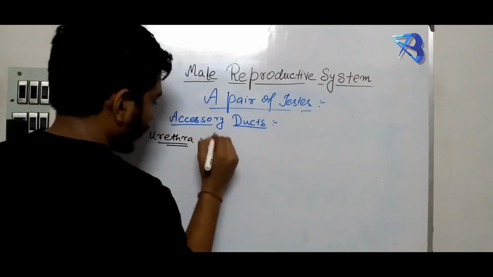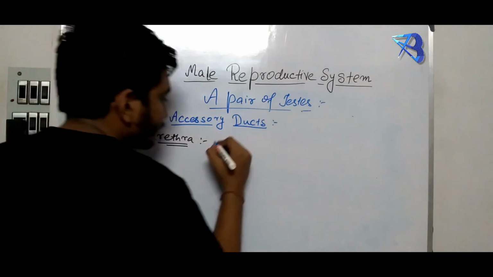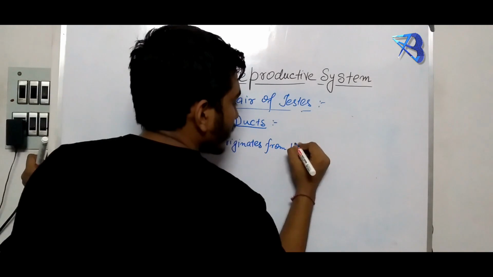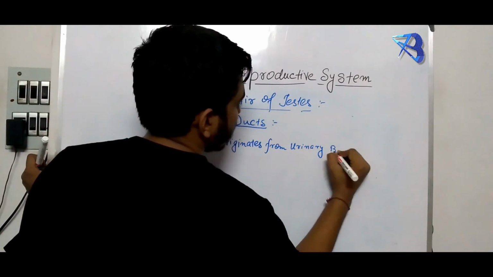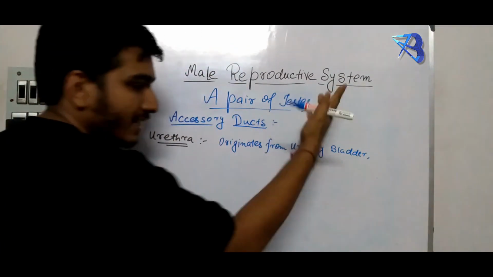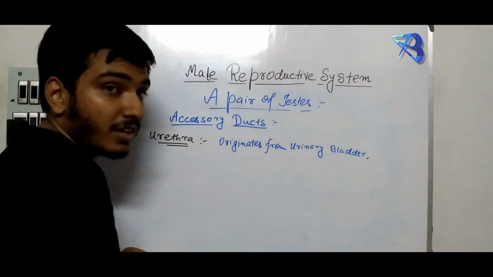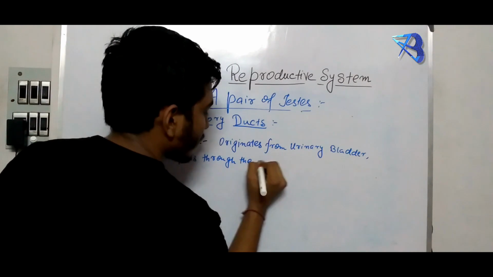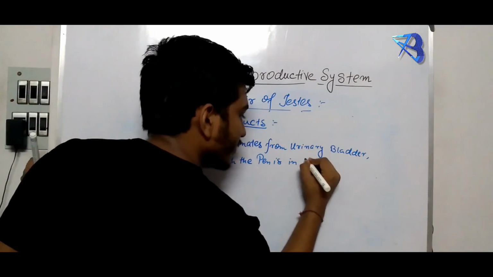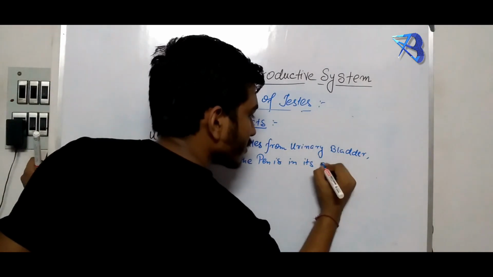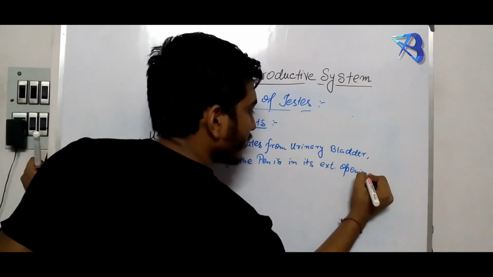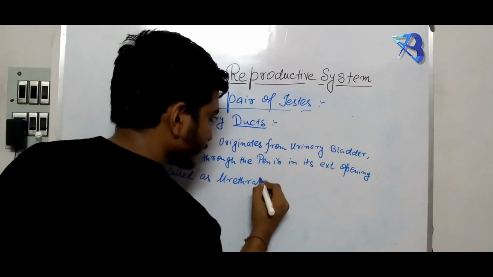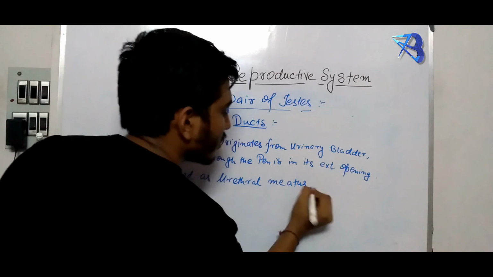It originates from the urinary bladder, and finally it opens through the penis, in its external opening, known as the urethral meatus.